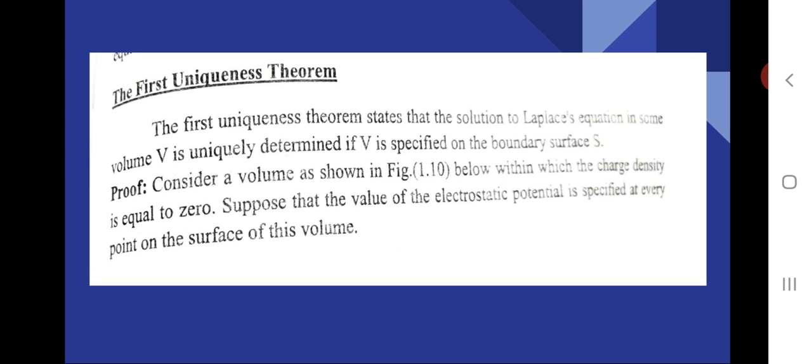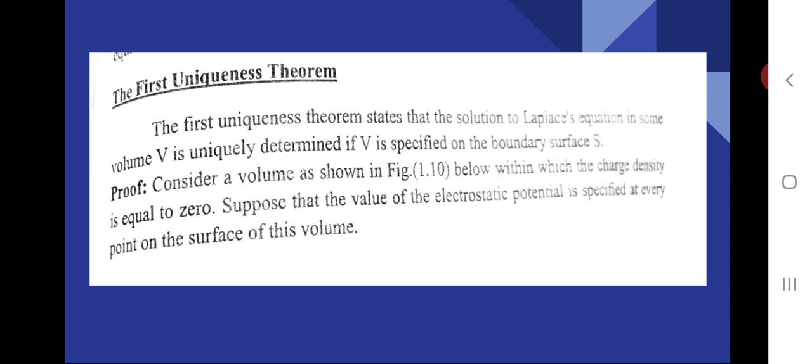Now uniqueness theorem. The first uniqueness theorem states that the solution to Laplace equation in some volume V is uniquely determined if V is specified on the boundary surface.